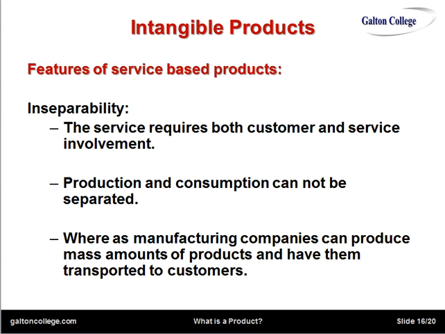Product and consumption cannot be separated. Whereas manufacturing companies can produce mass amounts of products and have them transported to customers, with the intangible products, it is produced at the instant. It's a more personal service, if you like. If you go to a restaurant, you order the meal and they will cook the meal for you.